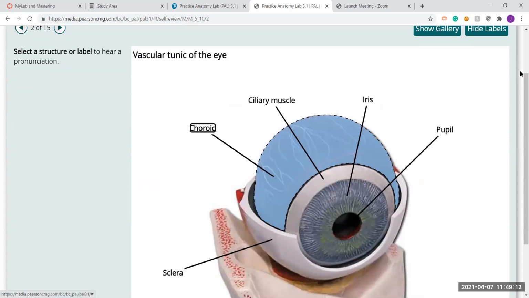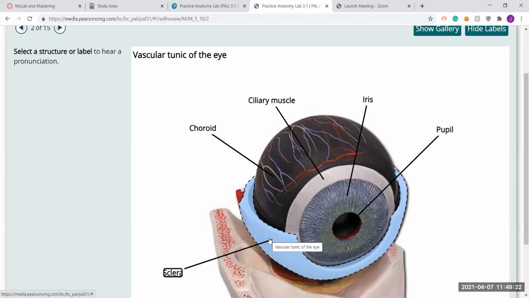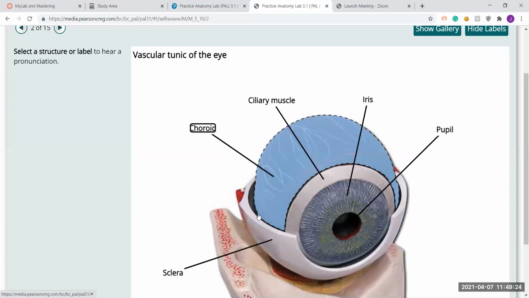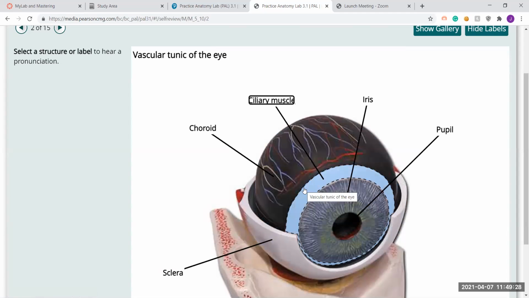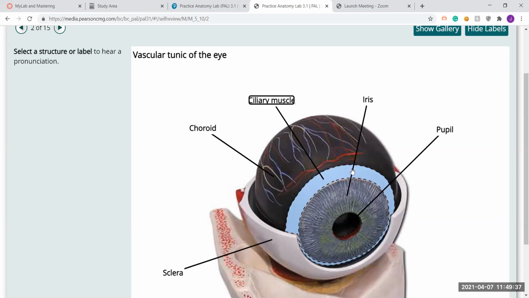And let's see the three layers of the eyeball. So the outermost layer is called the sclera, as you know, and then the inner tunic is vascular, and the innermost is the sensory neural layer, which is the retina. You cannot see it here. The choroid layer anteriorly is modified, and we have here the ciliary body.